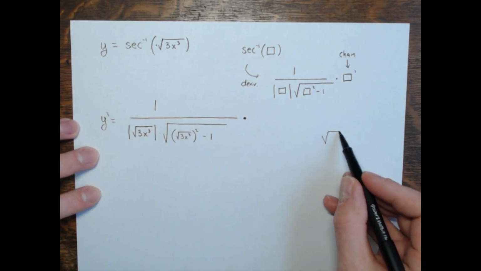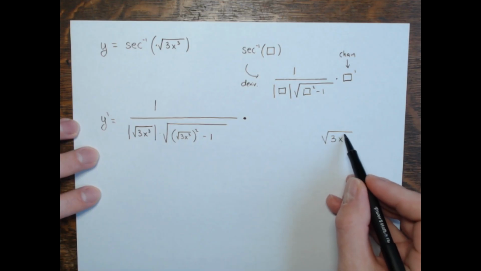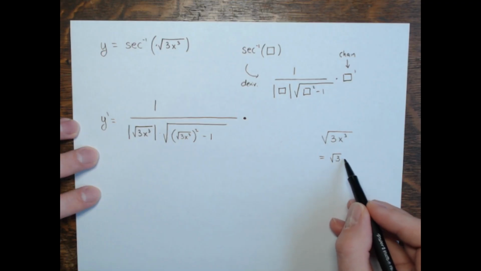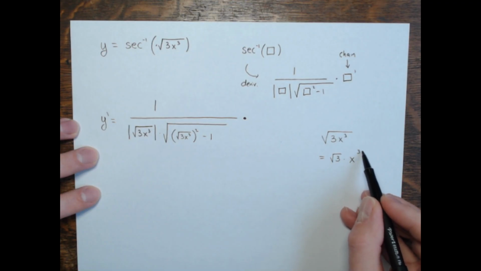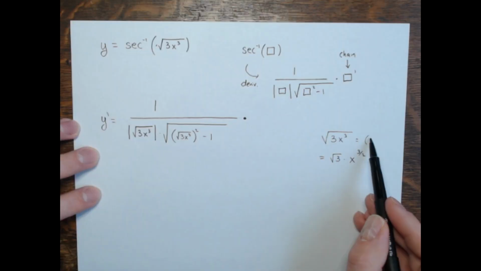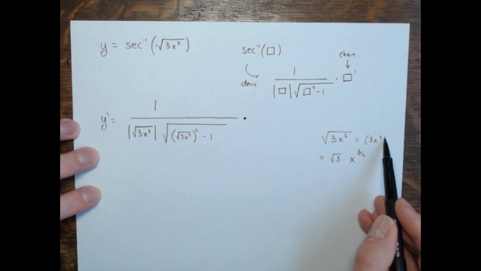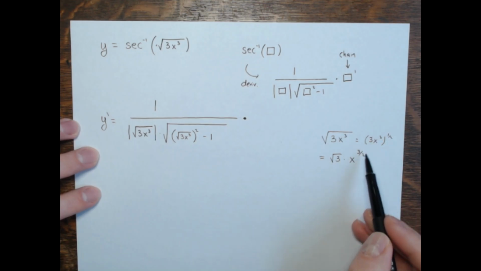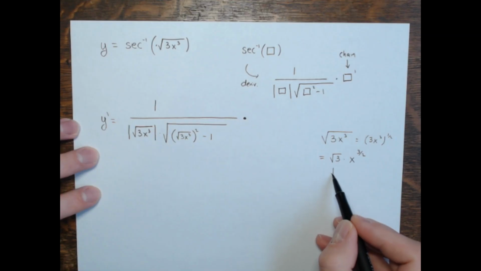Now the square root of 3x cubed is the square root of 3 times x to the 3 halves power, because you can think of this as 3x cubed to the half, so it'd be 3 to the half, square root of 3, times x to the 3 halves. And then I can apply the power rule.